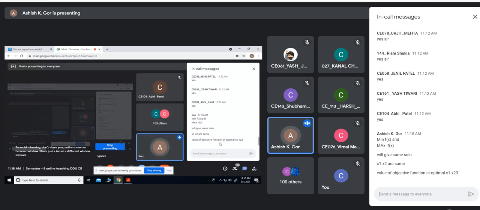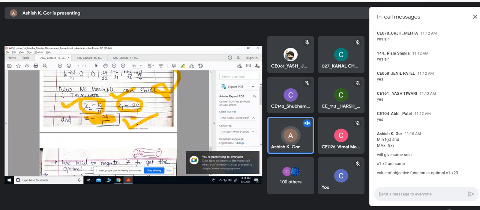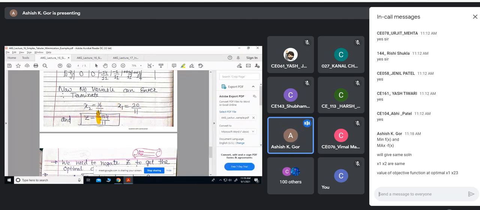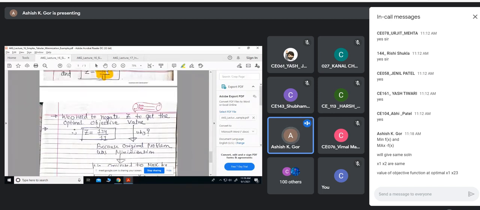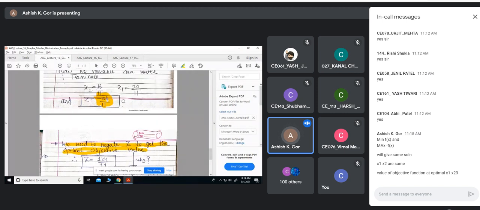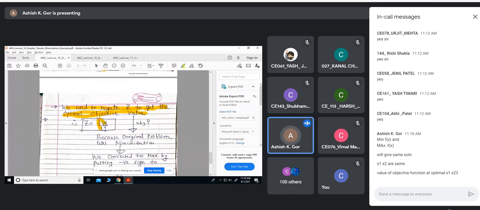But the objective function value, if you put in x1, x2, will differ in sign, because in one it is plus f(x) and in the second it is minus f(x). So if I want to get the actual solution of the minimization, I should consider the negative of this z. So we need to negate the z to get the optimal objective value, which means it should be plus 124 by 11.